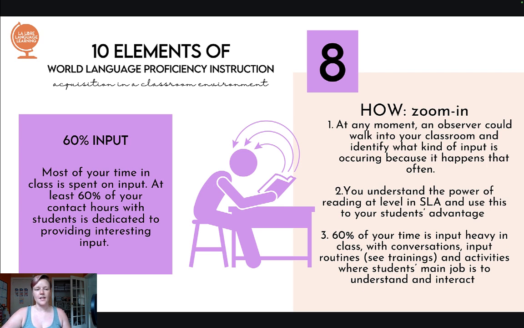This doesn't mean that 60% of the class is you always being the source of input, but it means that if you look at your full year that you interact with your students, any seat time that they have with you, if you tallied all of that up and put it into a pie chart and divided out how much of that time was spent in the target language, how much of that time was spent doing other activities, how much of that time was spent being assessed on their target language proficiency areas, all of that. 60% of their total seat time for the year, so not necessarily every class period or any of that, but 60% of that time should be straight input.